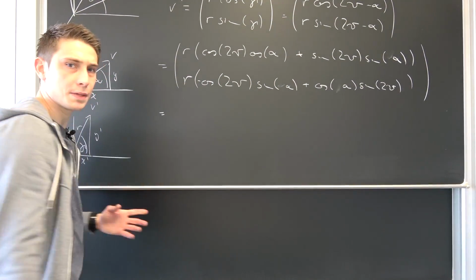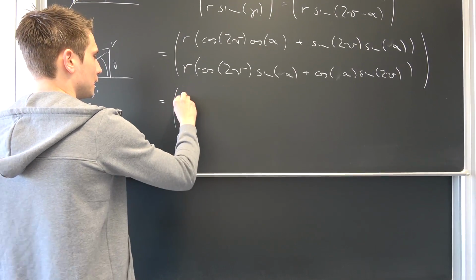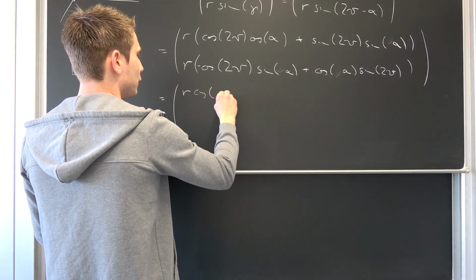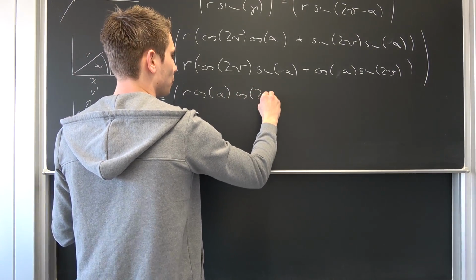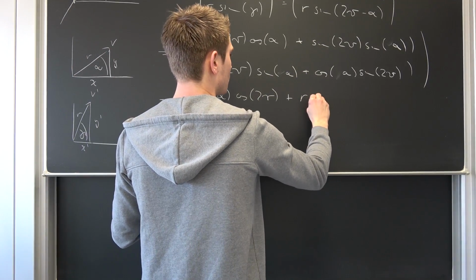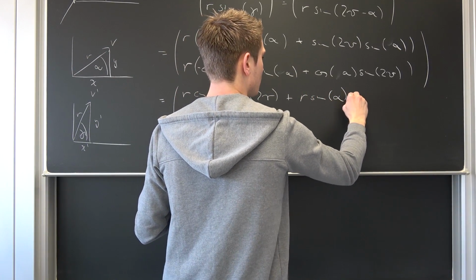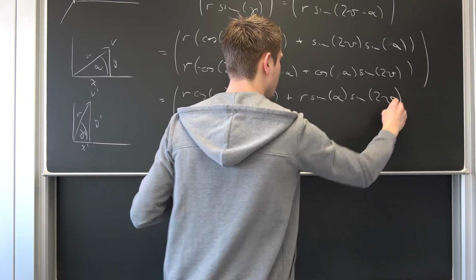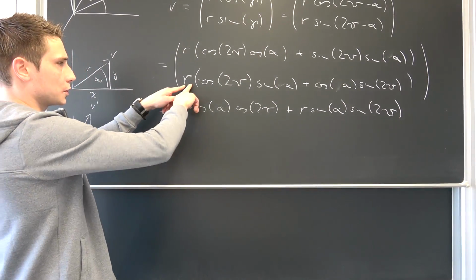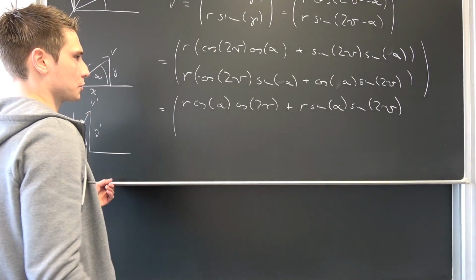Let me sort everything a little bit. At first, we are going to get r times the cosine of alpha times the cosine of 2 times theta plus r times the sine of alpha times the sine of 2 times theta. Down here, let me bring this in a different order. I'm going to distribute it into here and then we are going to see what we get.